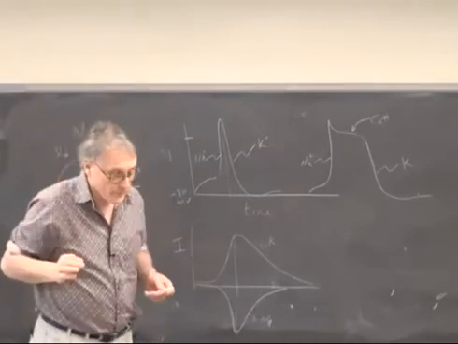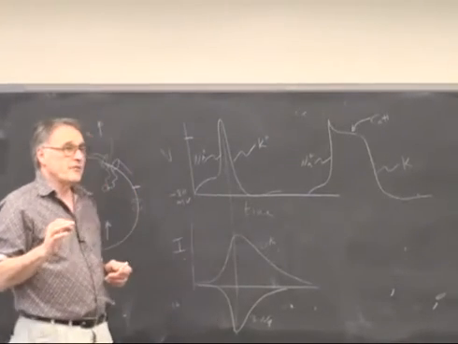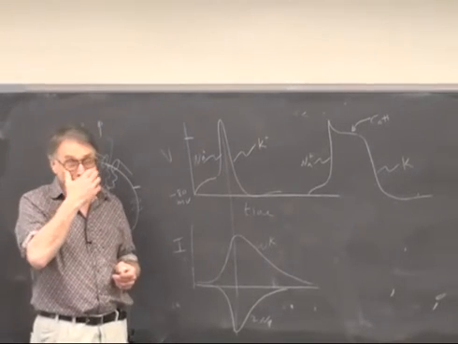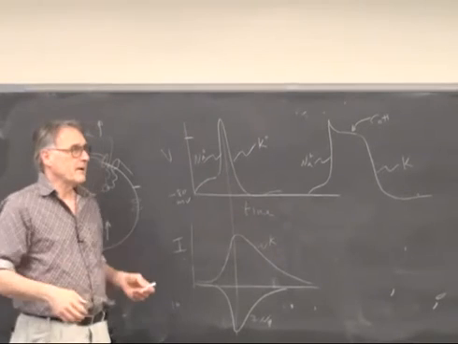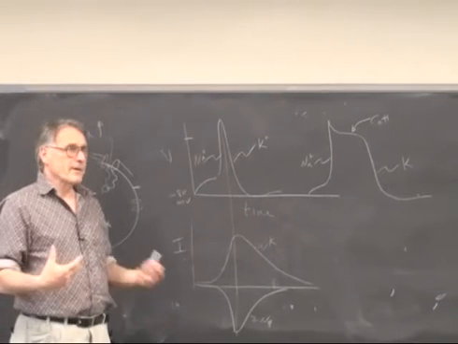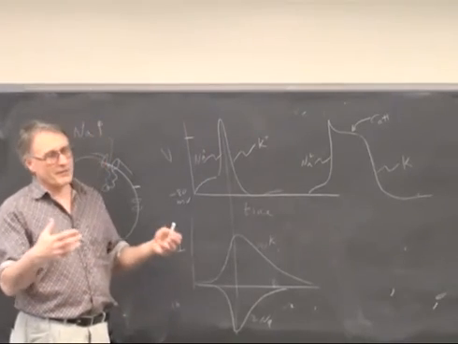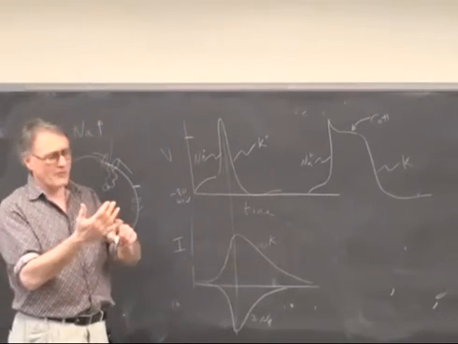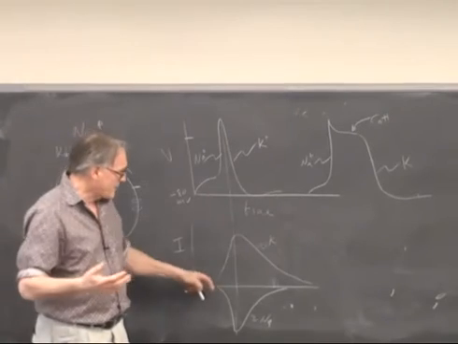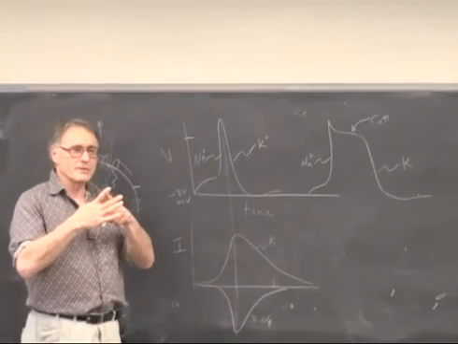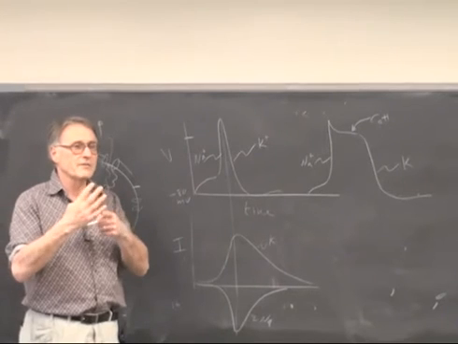And a couple of guys, FitzHugh and Nagumo, simplified this in the following way. They said, well, really, we can model this. We can lower the dimensionality. We don't want to have all these variables. We've got four variables: voltage, the sodium activation, the sodium inactivation, and the potassium activation, all of which are state variables.